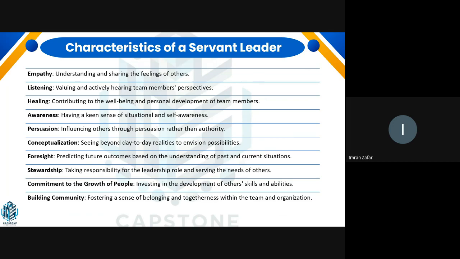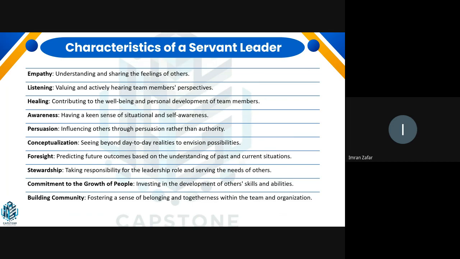You need to persuade people or influence them, so they are willing to do the job by heart, rather than being under pressure, because since you are a project manager, you are at a high level of authority. So it is not a characteristic of a servant leader to utilize your position to force people to do things.